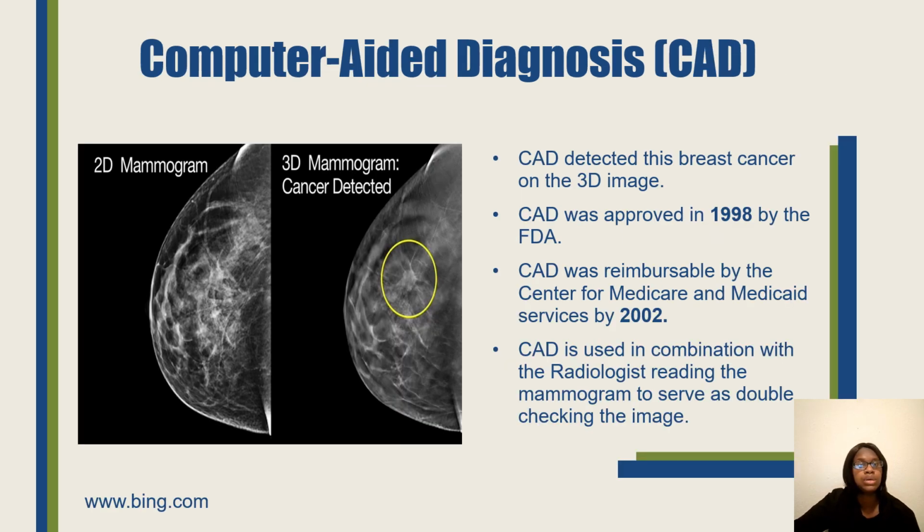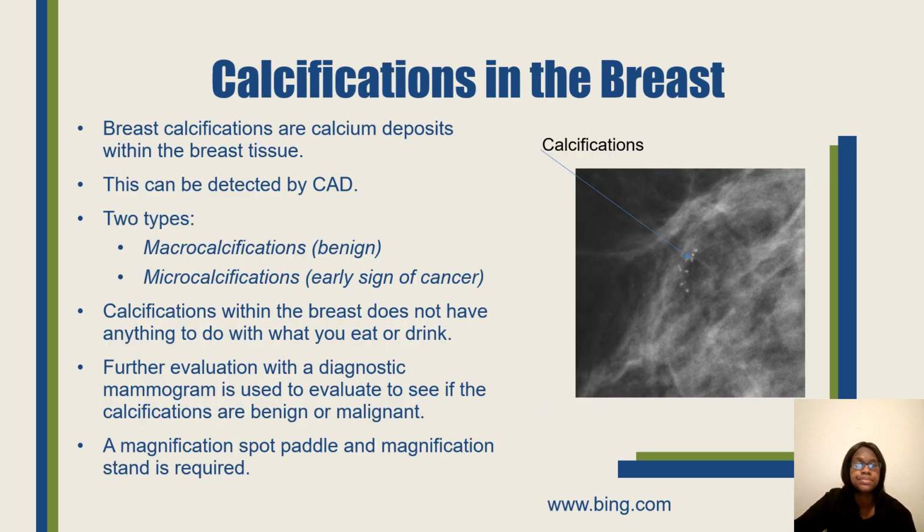And this is just showing different examples of when CAD is used and how it can detect cancer easily. So it's pretty much just a double eye, or the radiologist uses it in combination with them already reading the images. So it just serves as a double check on the image.